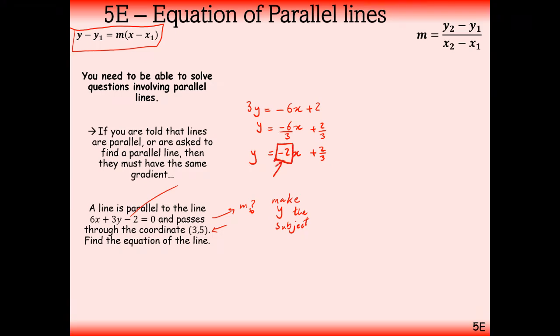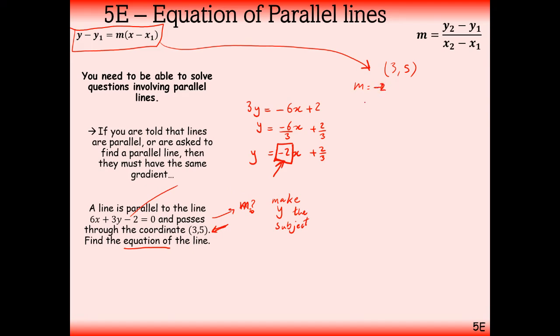All right, so we wanted to figure out the gradient, we did that. Now we are going to use this formula with the coordinate of 3 comma 5, because that's what we've been told in the question. The new line that we're figuring out the equation of has a gradient of minus 2 and coordinate of 3 comma 5.